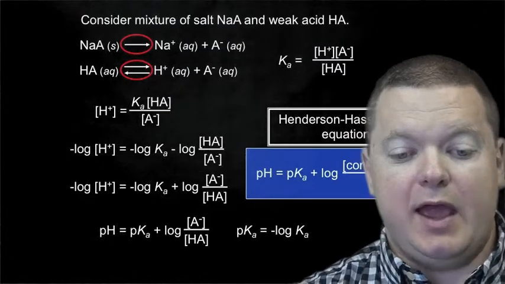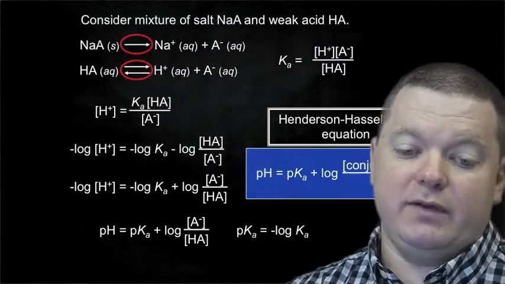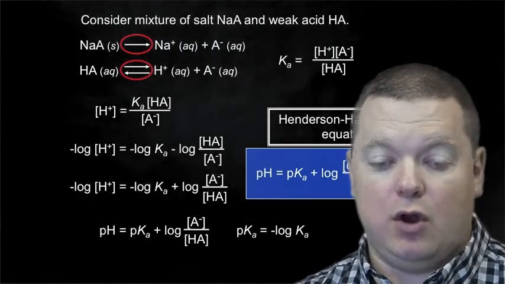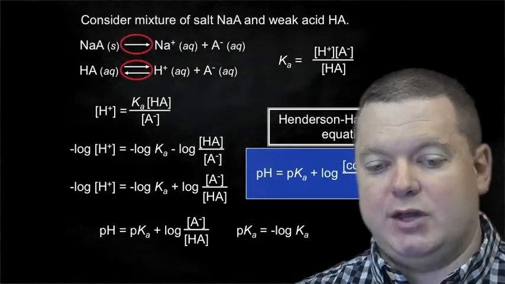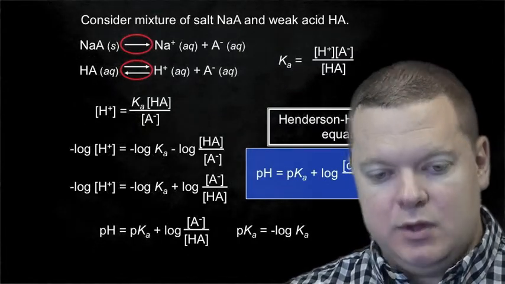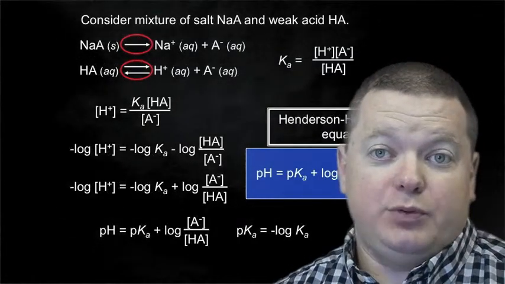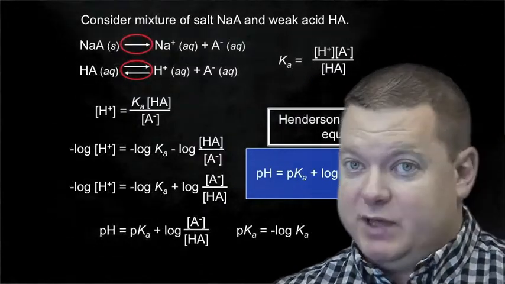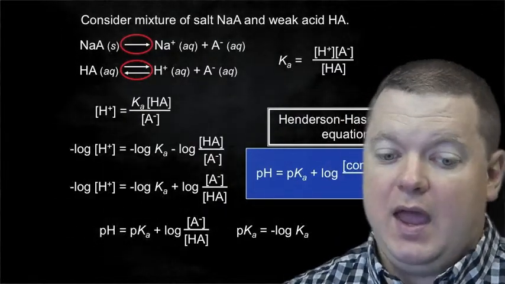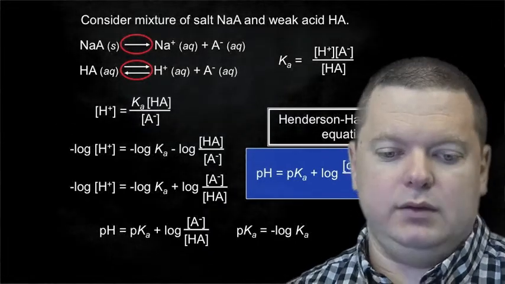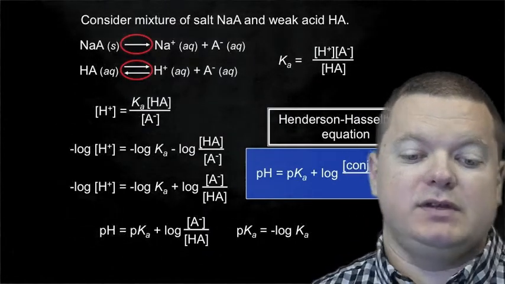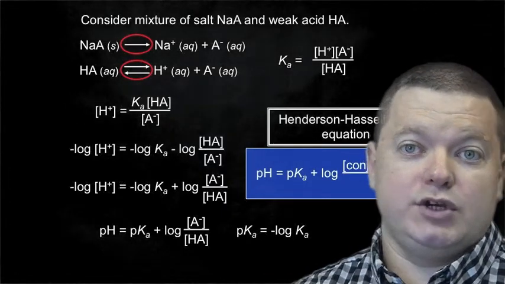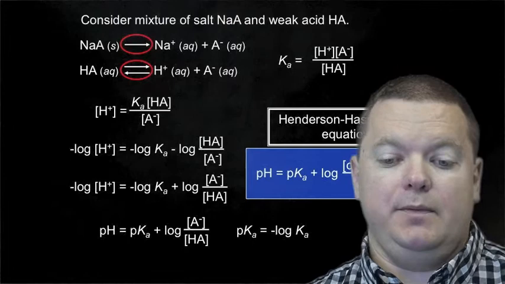So now we have the negative log of H plus is equal to the negative log of Ka plus the log of the concentration of A minus, the conjugate, over the concentration of HA. We know that the negative log of the H plus concentration, or H3O plus, is pH. We've said before that the negative log of the Ka is the pKa. So now we can simplify this: the pH is equal to the pKa plus the log of the concentration of A minus over HA.